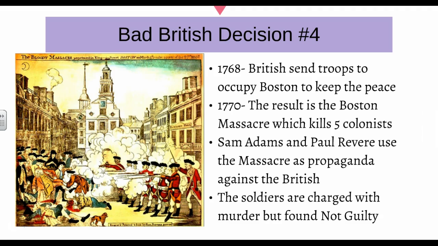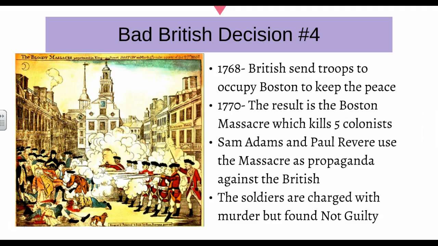The details of what actually happened at the Boston Massacre, we're not 100% sure. But it seems like soldiers were on duty, and some young boys were teasing and antagonizing them by throwing snowballs at them and possibly oyster shells.